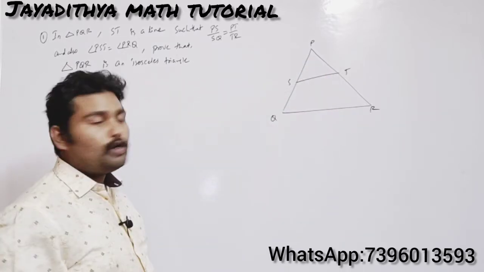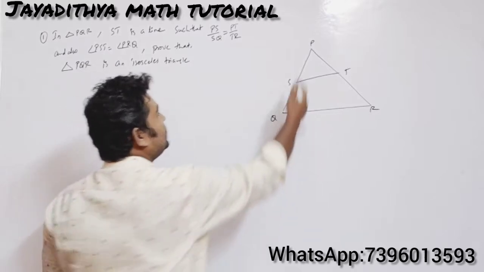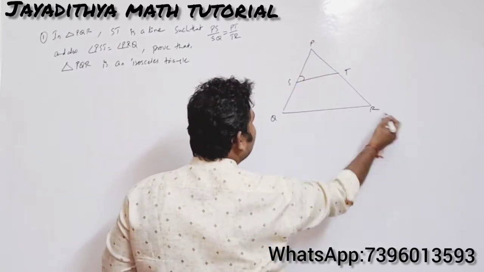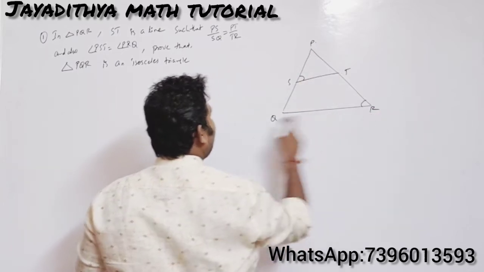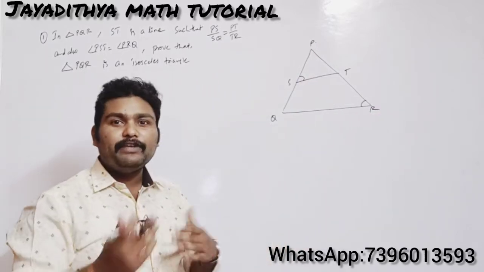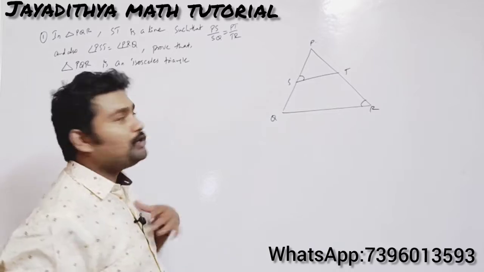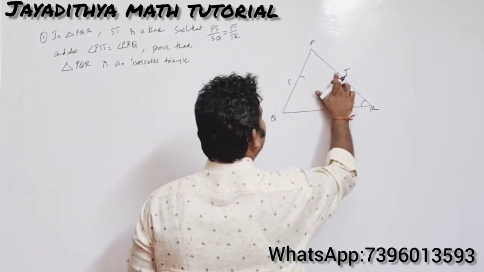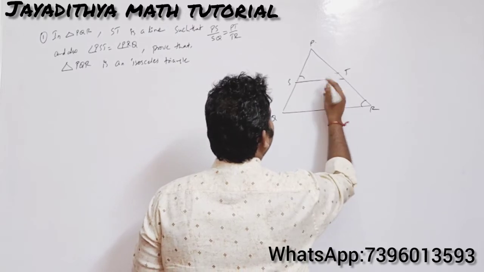And also he told that angle PST is equals to angle PRQ. So what we need to prove here? We need to prove that the triangle PQR is an isosceles triangle.